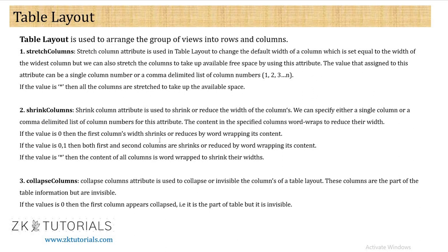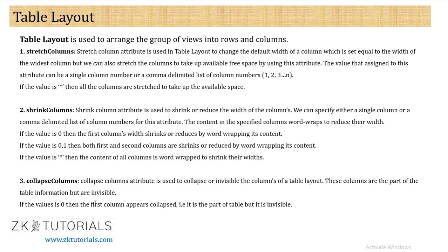If the value is 0, 1, then both the first and second columns shrink by word wrapping their content. If the value is star, then the content of all columns is word wrapped. So 0 is the first column, 1 is the second column. This is the index, it starts with 0. You can provide a single value or multiple columns with commas.